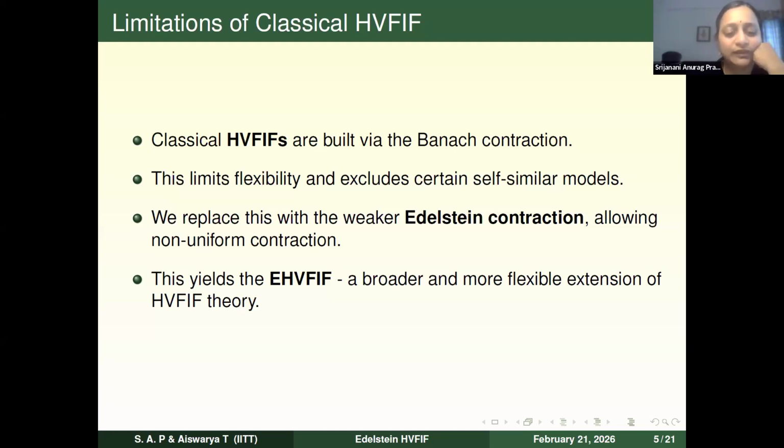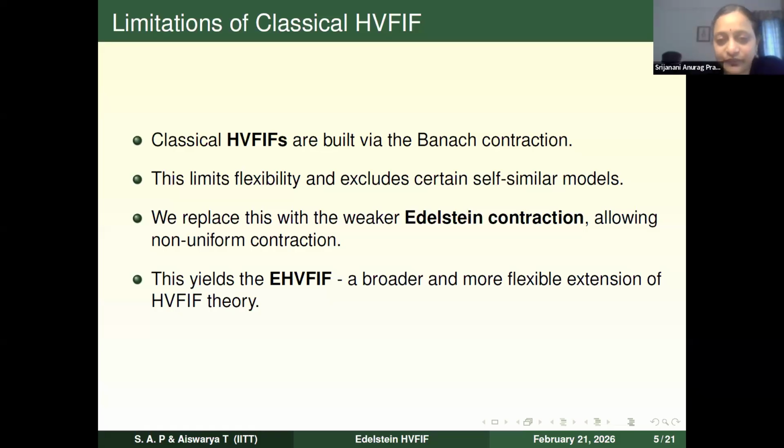To overcome this limitation, we replace it with the Edelstein contraction, which has a non-uniform contraction factor, and that is a broader and more flexible extension of the hidden variable fractal interpolation function.